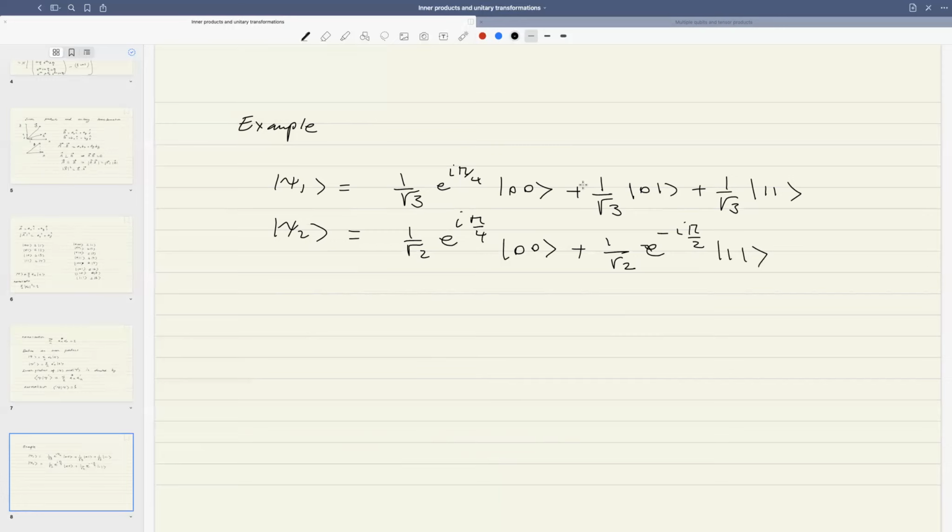So those are two states for a system of 2 qubits.